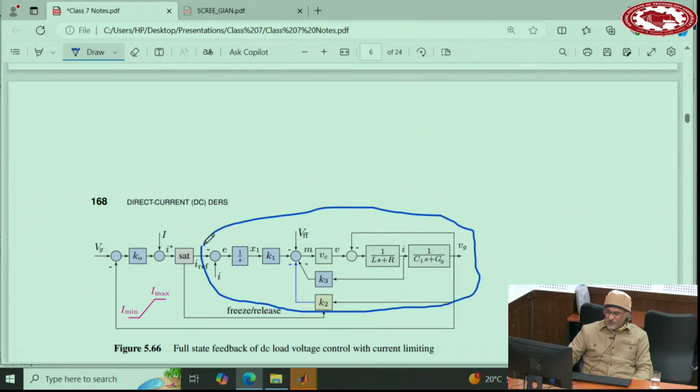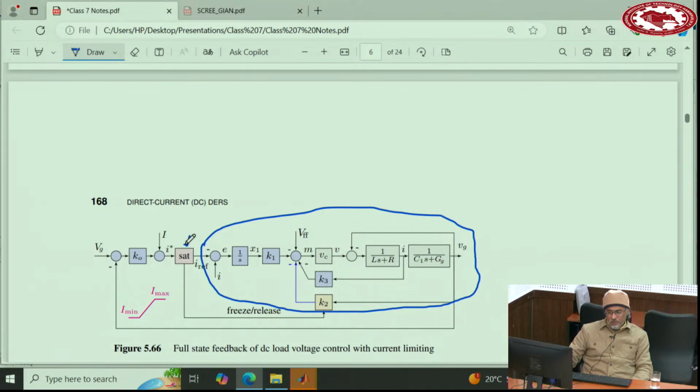So if you look at this one, it is a current loop, because there is a reference of current and there is the actual value of current, and then you put one integrator here, and this gives you one additional state variable, and now close a full state feedback here. So that will be K1, K2, and K3. So now the feedback loop is closed on current. If I saturate or limit this reference, I can limit the current. Okay?